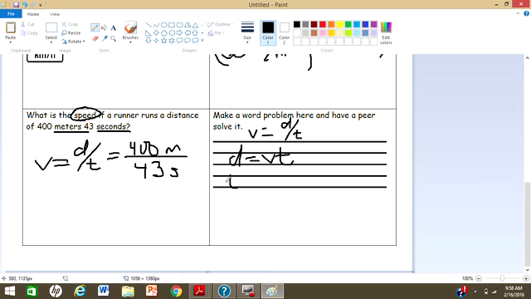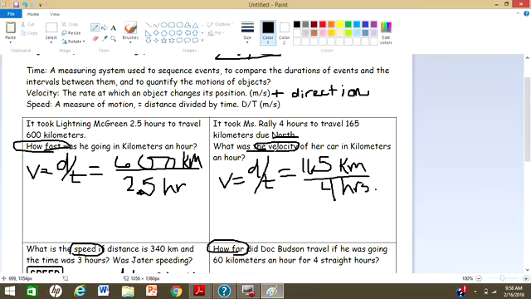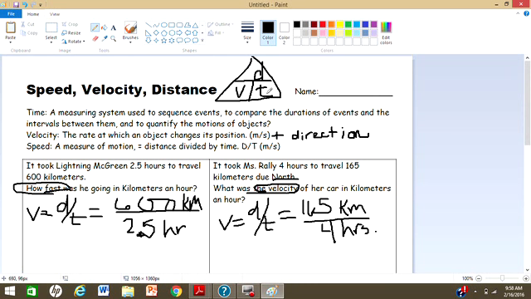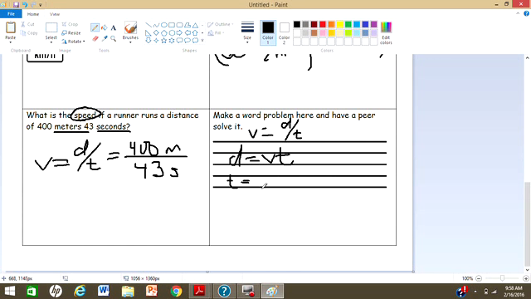Or you can ask them to do a time. And if they're doing a time, then, if you go back up to our problem up here, the formula will be D divided by V. So T equals D divided by V. Okay, so make up a word problem.